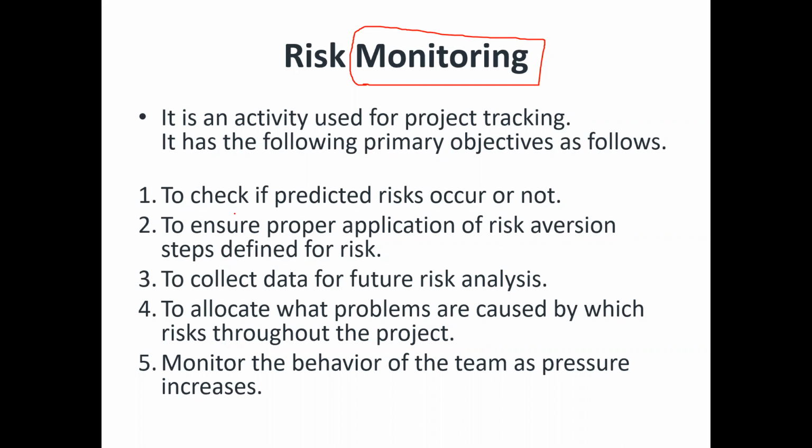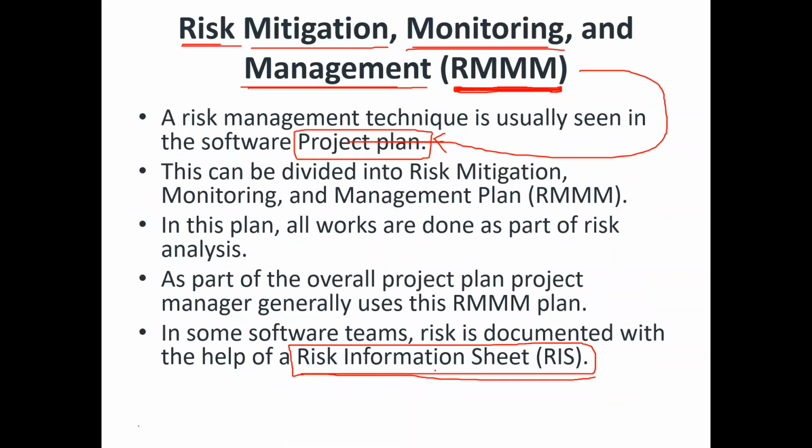And every time you should write the information about any risk in that particular document. That document is called the risk information sheet. Any task you are doing for risk management, that activity you should write on that sheet.